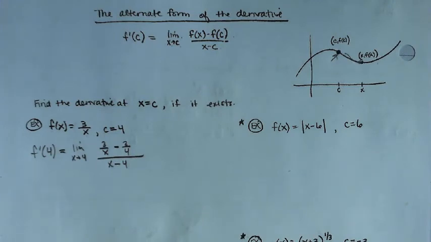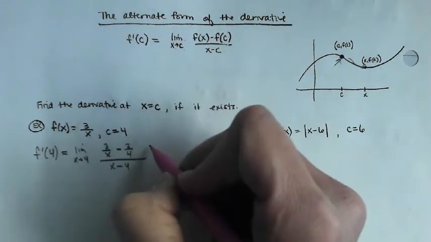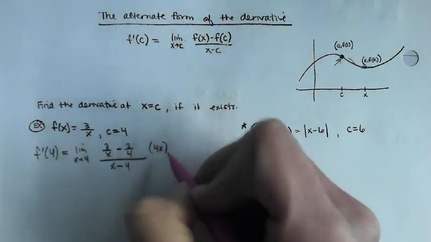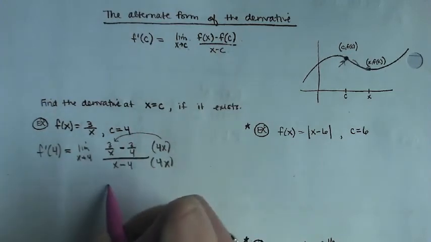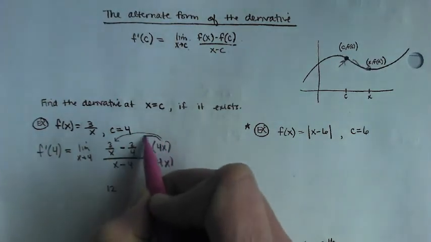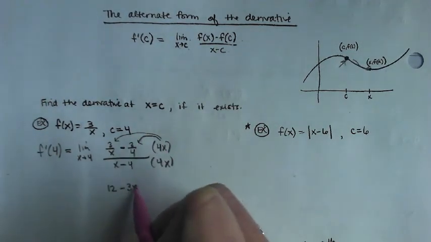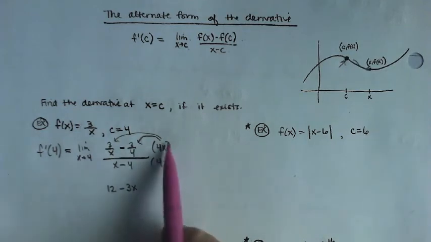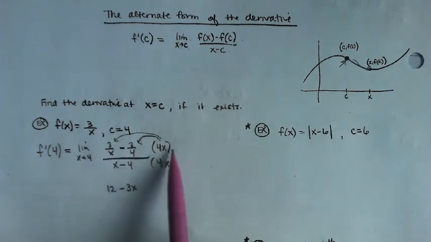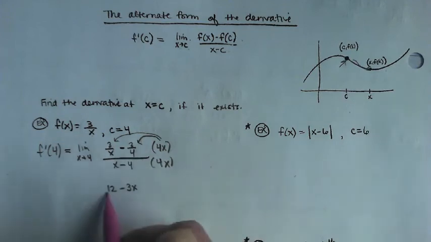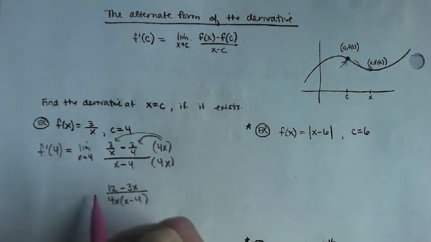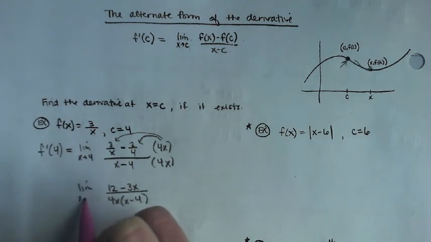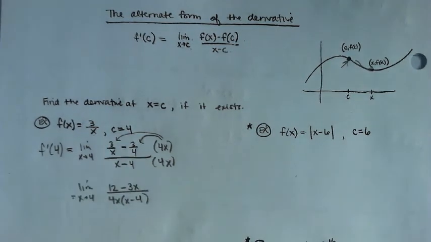Again, there's going to be some manipulation involved. So I'm going to multiply by the least common denominator of 4x. When I distribute that through, that's going to make 12 minus 3x. Did I do that right? Over 4x times x minus 4. And I can factor that numerator, right?